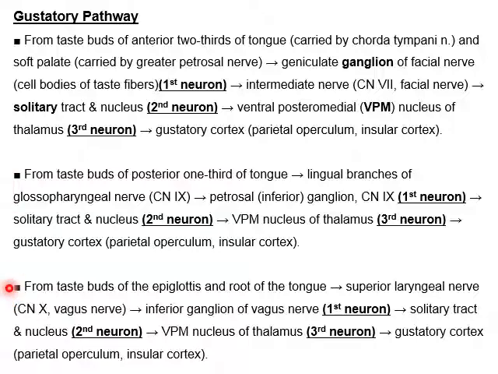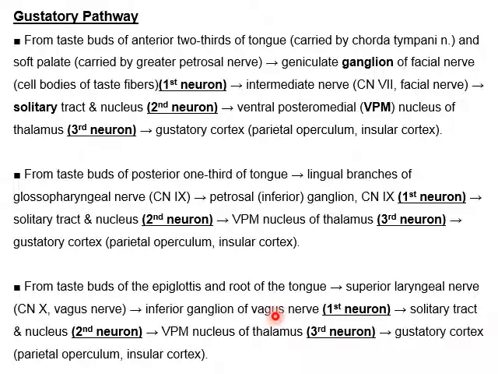From the epiglottis and the root of the tongue, the taste buds receive the taste impulses, and the signals are carried by the superior laryngeal nerve, which is a branch of the vagus nerve, to reach the inferior ganglion of the vagus nerve. This inferior ganglion of the vagus nerve is the first order neuron. From it, it sends the axons to reach the solitary tract and nucleus, the second order neuron.